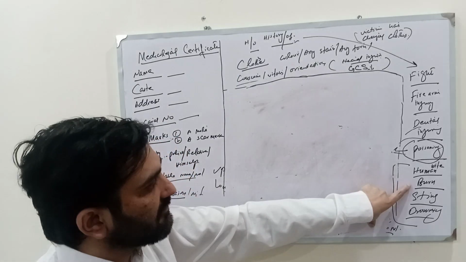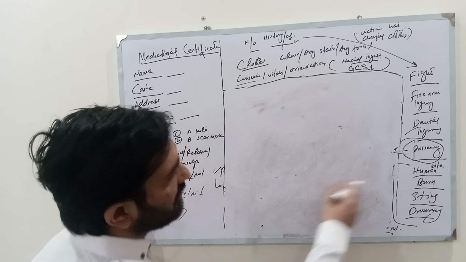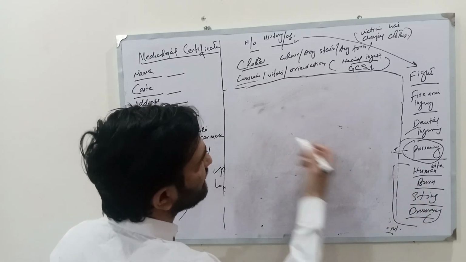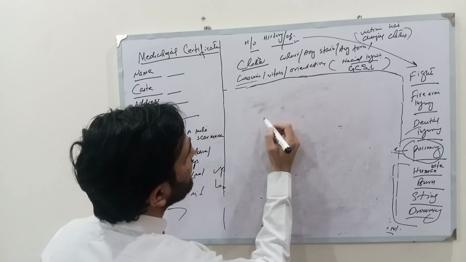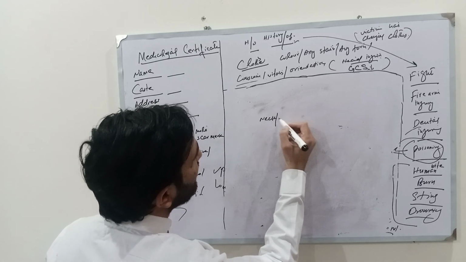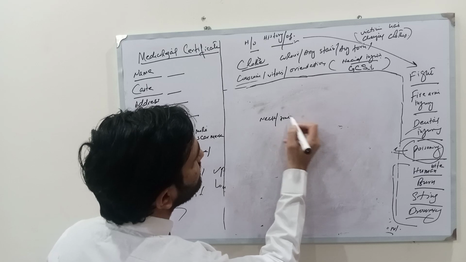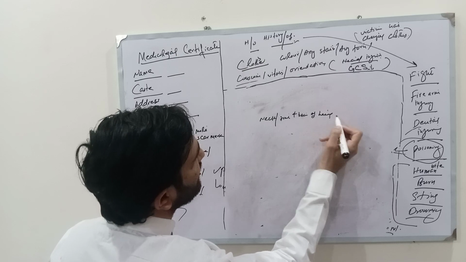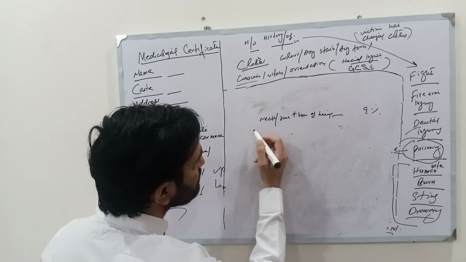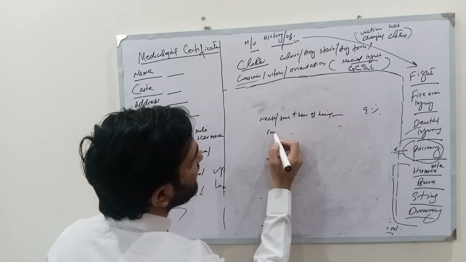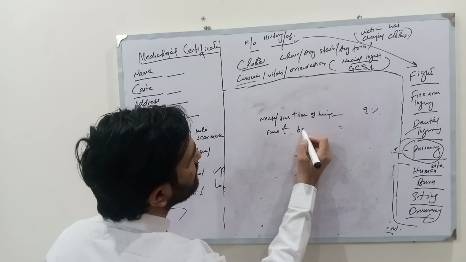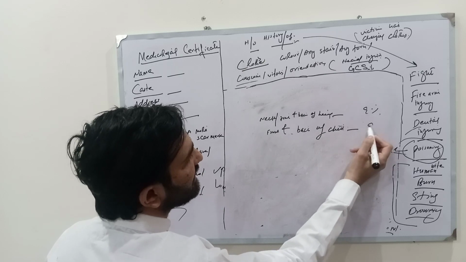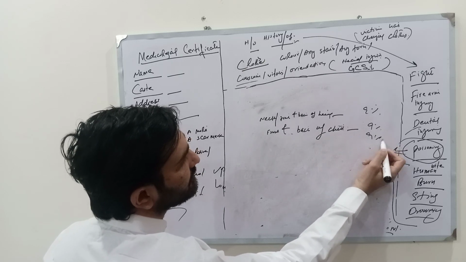Next is burn. If you remember some basic points in burn cases, you can deal with it. Remember that neck and front and back of hand is 9%. Front and back of chest, again 9% and 9%.